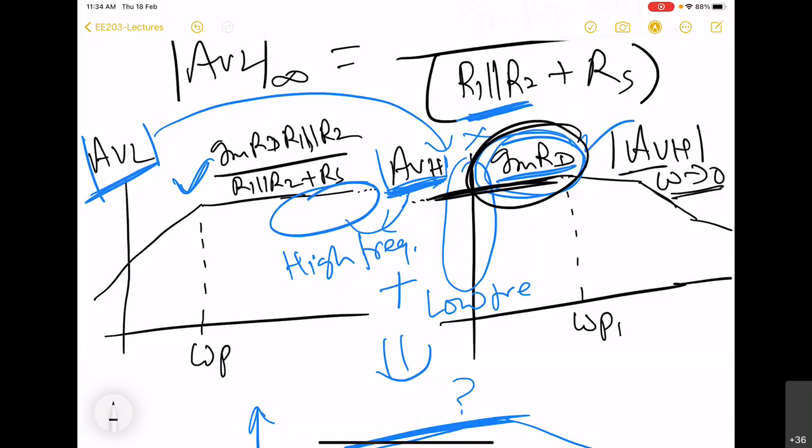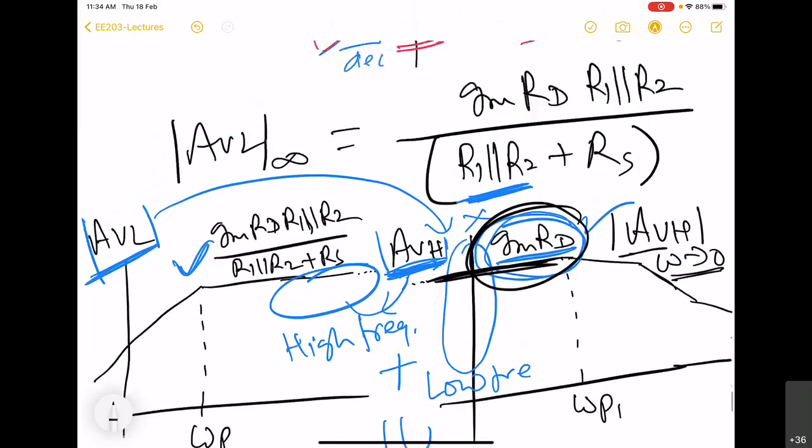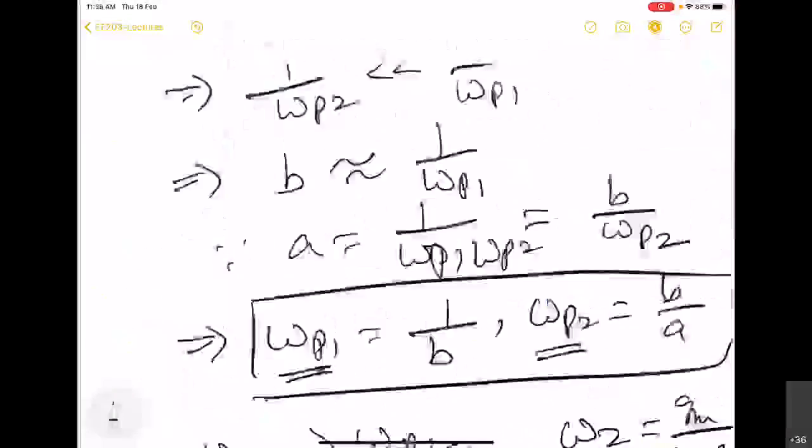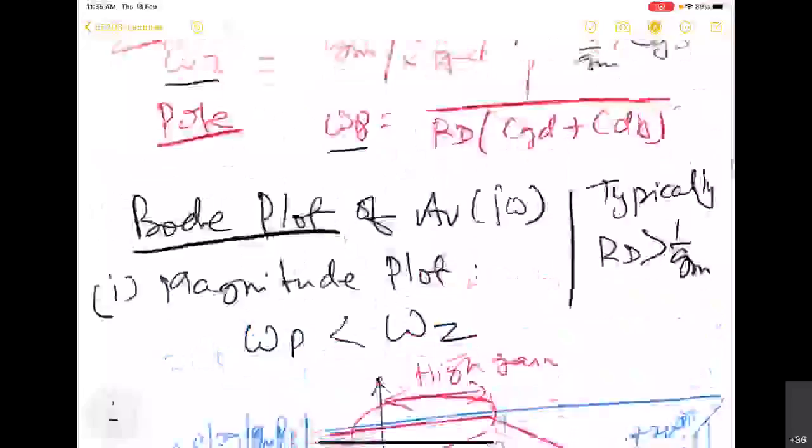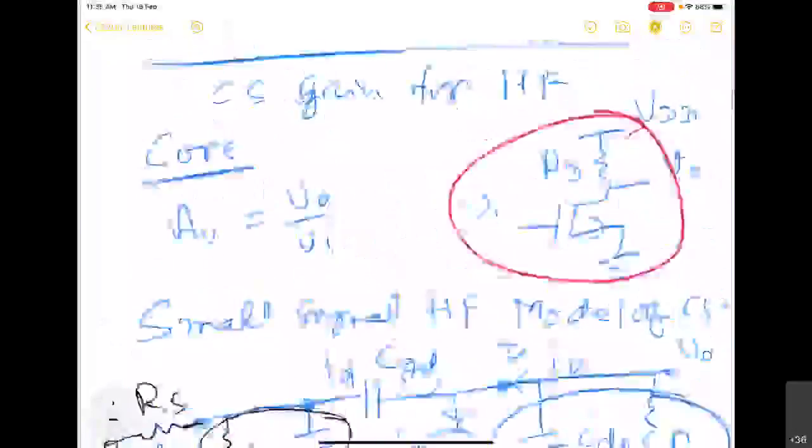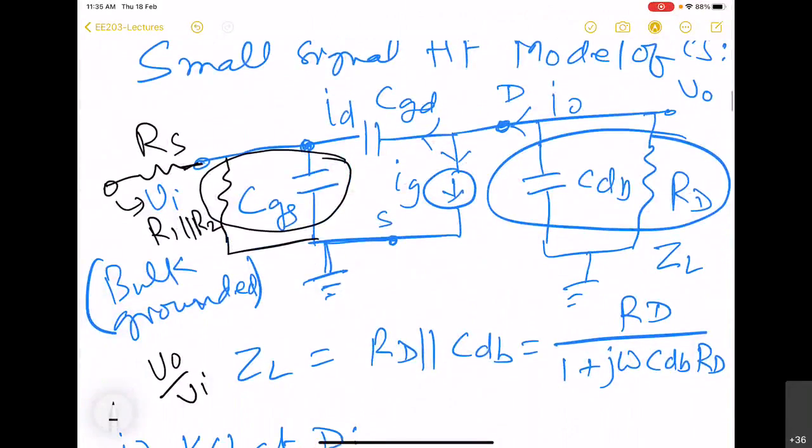So now if we go back to the high frequency model for the complete circuit, here, this is the high frequency model for the complete circuit, but we are trying to find out the voltage gain for low frequency. So once you go for the low frequency, you have to neglect these capacitors because their impedances are going to be very high, right?